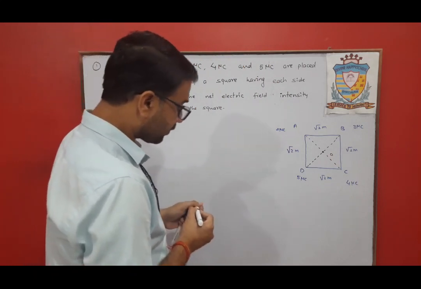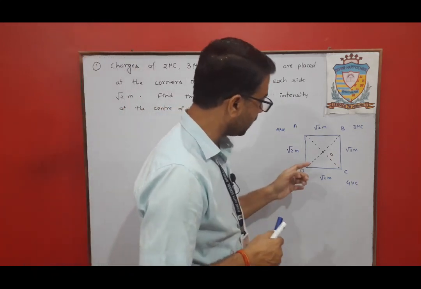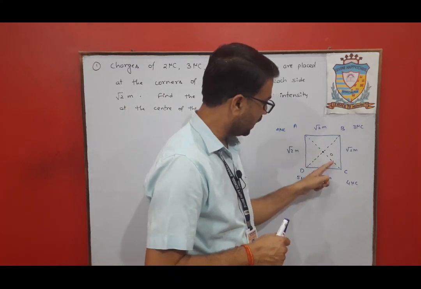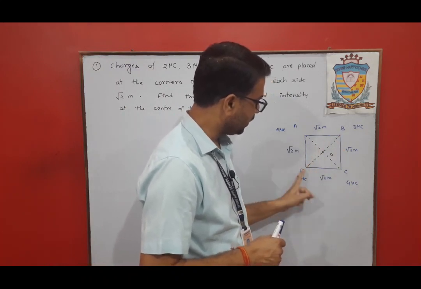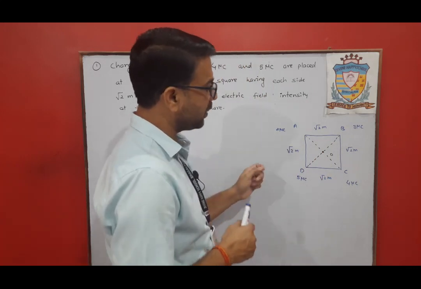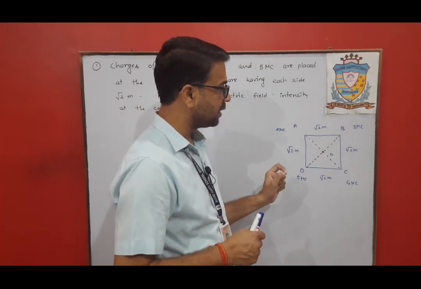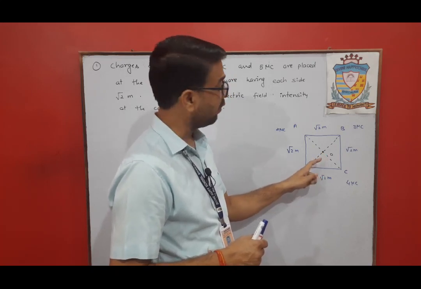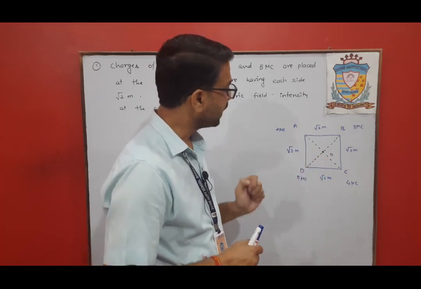First we will calculate the electric field intensity due to A, then due to B, then due to C and then due to D. For that purpose we will put a unit positive test charge, plus 1 coulomb, at point O and find the direction of electric field intensity.